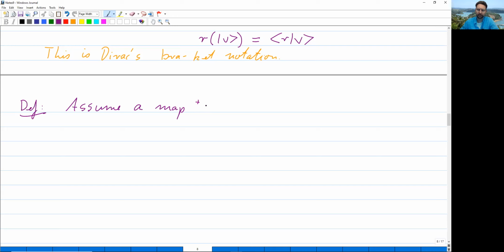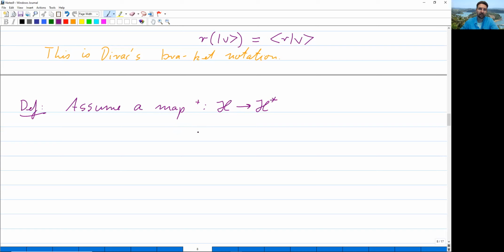It will be called Hermitian conjugation for vectors, and it has the property that it maps the complex vector space into its dual.